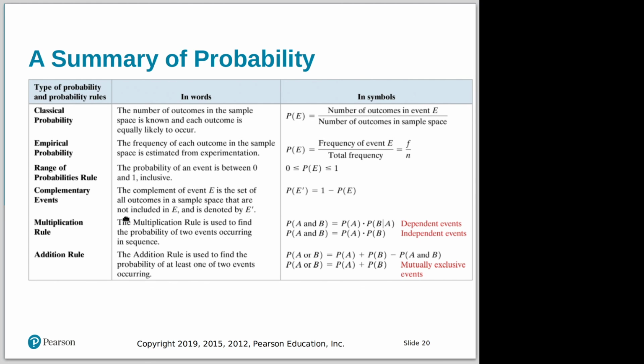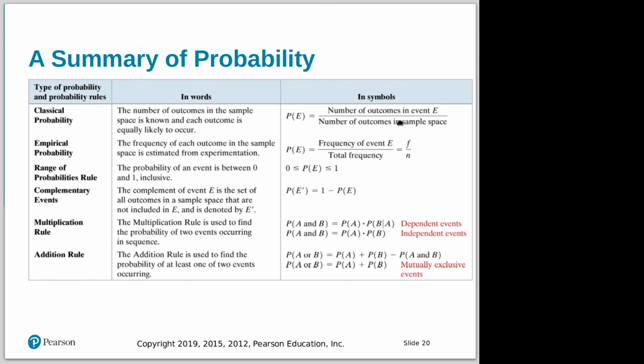And then we have the multiplication rule and the addition rule. If event A happens and then event B follows, if they're dependent, we multiply the probability of A times the probability of B given A happens. If they're independent, we multiply the two probabilities. Notice multiplications really increase the outcome space.